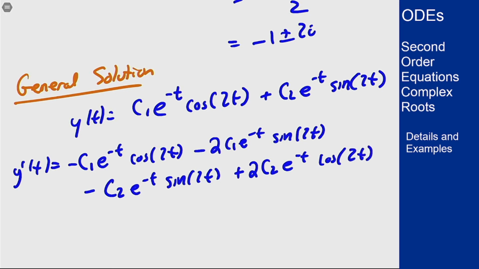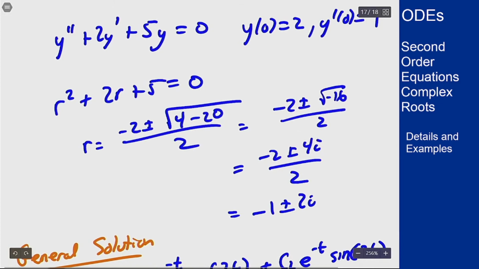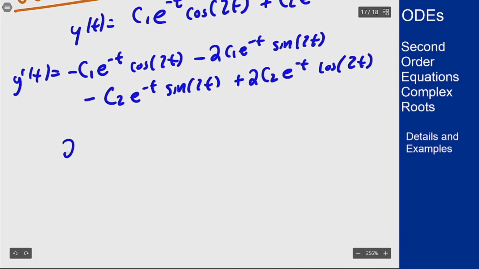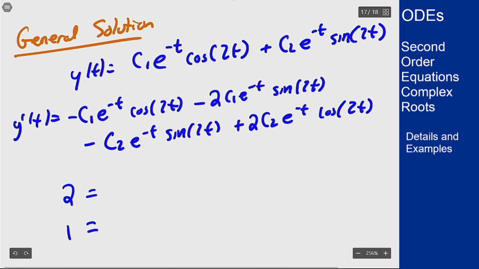And now our initial conditions were 2 and 1 respectively. So we have 2 and 1 equaling these functions plugging in 0. Now the benefit here is I have a sine function here. When I plug 0 into sine, it goes away, and cosine goes to 1. So when I plug 0 in here, this entire term vanishes because sine of 0 is 0. So I'm left with just c1.